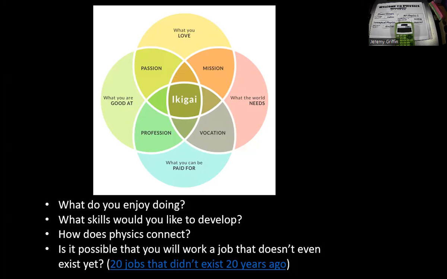Now, if you are going into something like physics or engineering in college, there's a direct connection. I mean, if you're going to be an engineer, you're going to use this class every day for the rest of your life. It's just so foundational to so much science and engineering. But maybe you're not. Maybe you're looking at a pretty different type of path.